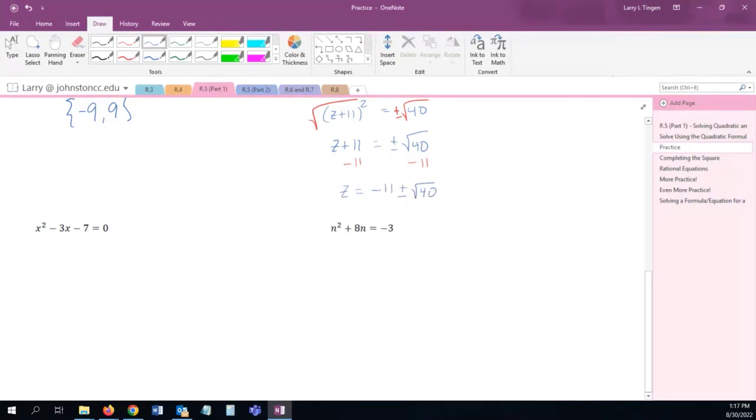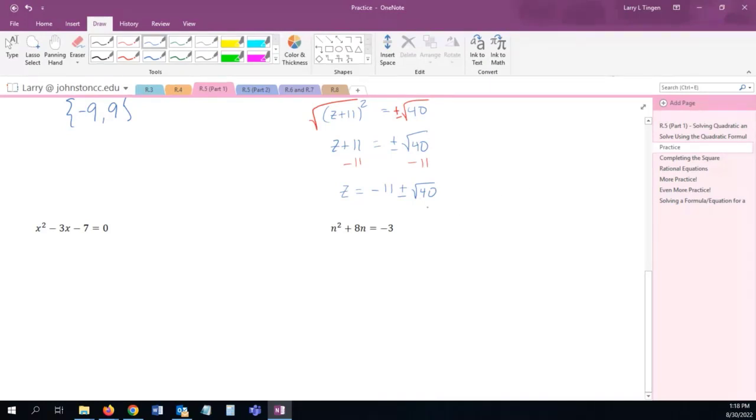You could also write plus or minus square root of 40 minus 11, but whenever we write a number that has a real part and an irrational part, we usually write the real part first, the irrational part second. So my solutions break down into what?